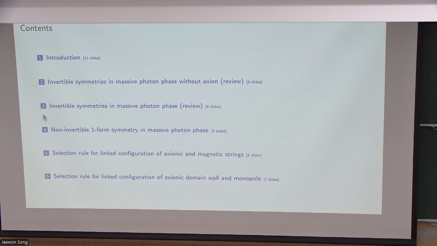I have finished section 2. So next is section 3. Now we turn on the axion fields. Let me consider the invertible symmetries in the massive photon phase with axion.